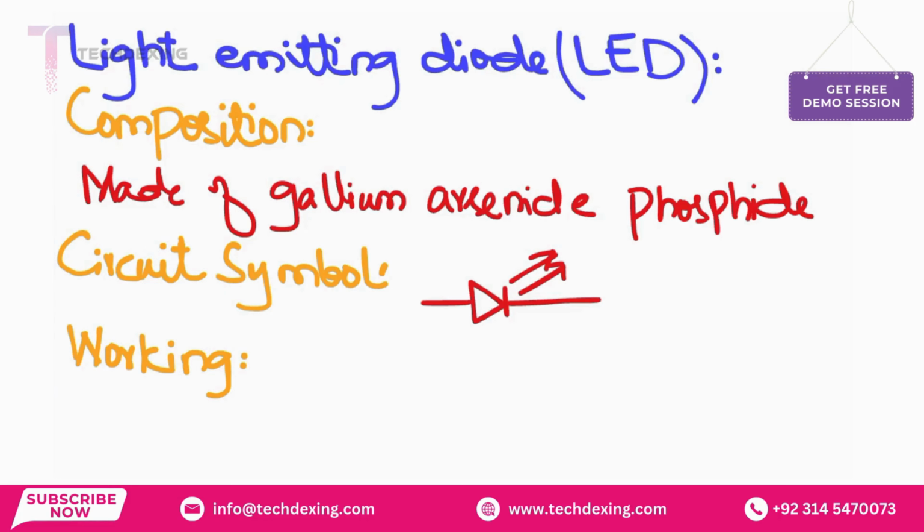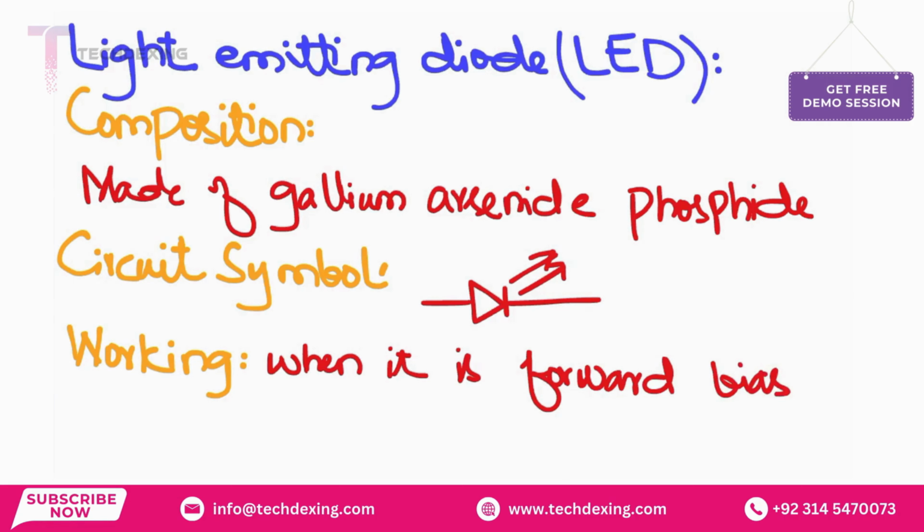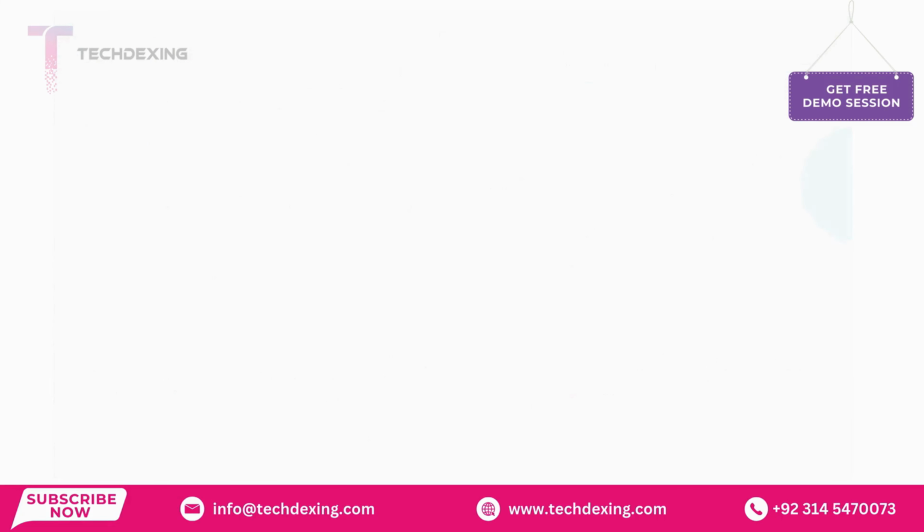So, when it is forward biased in the circuit, now we would draw the forward biased placement of the LED in the circuit. Move to the next slide.